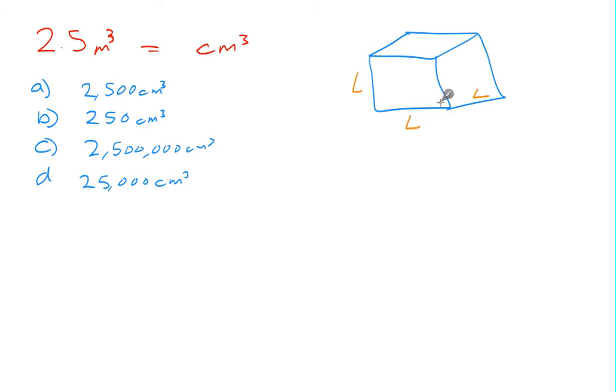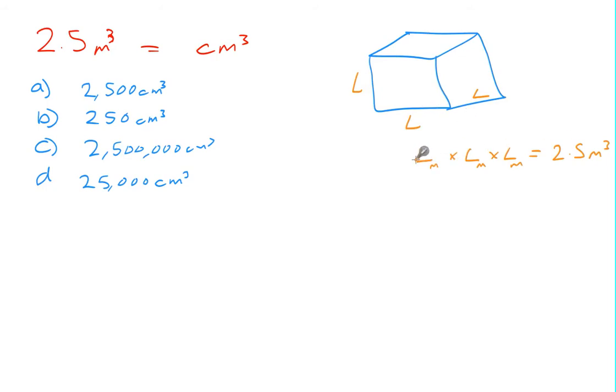Those 3 values are the same because this is a cube. So this would be L multiplied by L multiplied by L, and these are all measured in meters, and that was equal to 2.5 meters cubed. So this is how we got the volume of the cube.